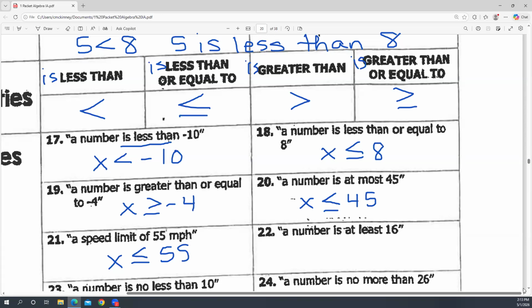22 is like an opposite of 20. A number is at least 16. So if it's at least 16, it could be more. 16 is the lowest it can be. So saying at least means greater than or equal to. So it could be 16, 17, 18, 25, 2000. It could be a lot.